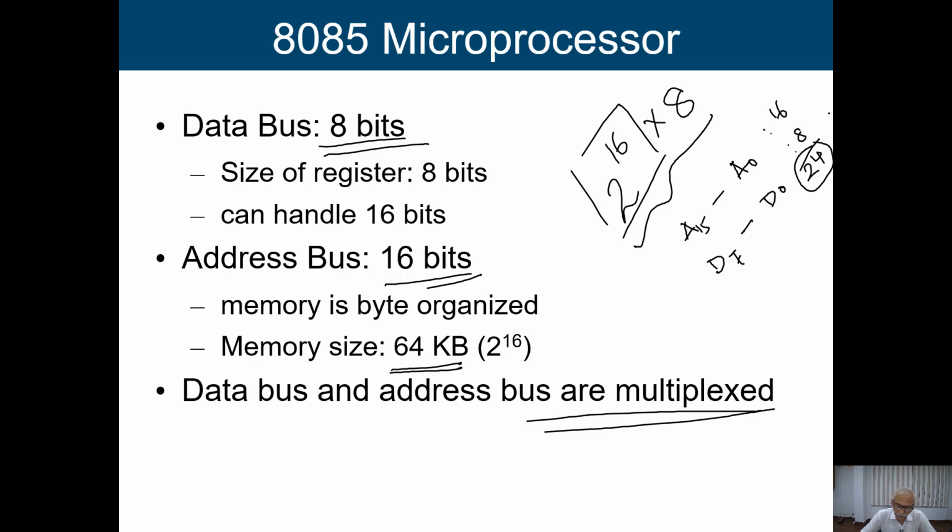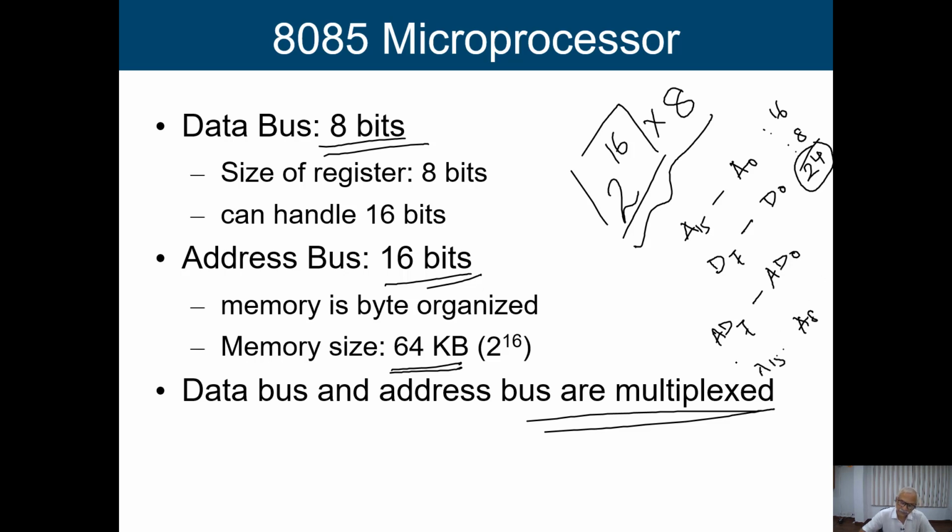So in this particular case, the design says that the address bus and data bus are multiplexed. With the same lines, we are going to send data as well as address. The nomenclature is AD0 to AD7, then A8 to A15.